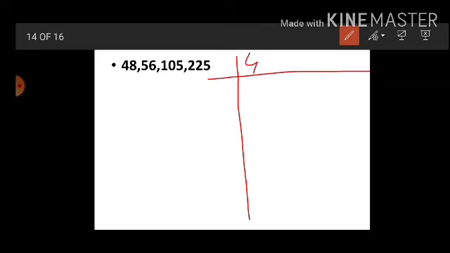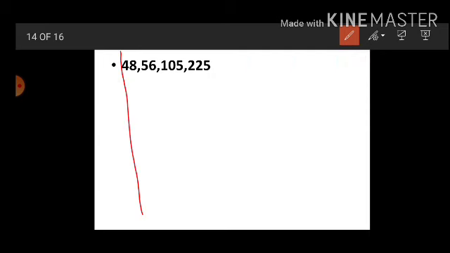Okay students. Now the next example is 48, 56, 105 and 225. So I divide directly. First we divide by 2, the number which divides the maximum numbers. 48 and 56 are divisible by 2, but the others are not.